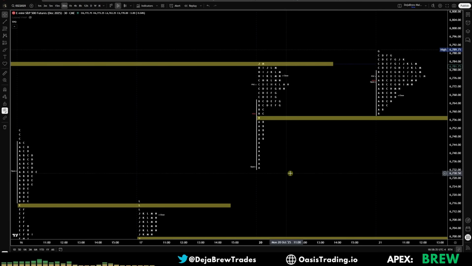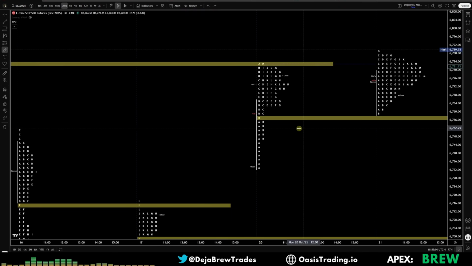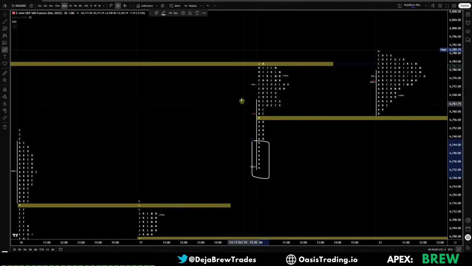Well, a proper tail, when you're looking at a market profile, is when you have one TPO session, like the A session or the B session, whatever it may be. The tail on the lower portion of the day or the upper portion of the day only consists of one letter. That is a proper tail. So this tail only consists of the A letter, the A session.